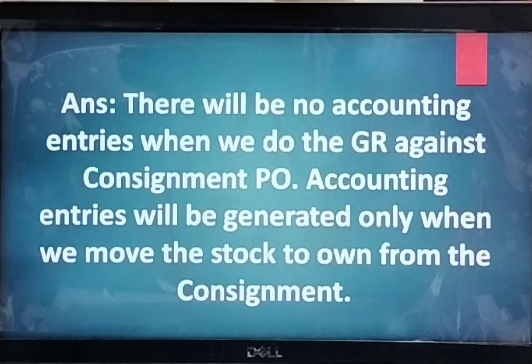Only then the accounting entries will be generated, and your liability will also start only if you consider the stock to be in your plant. Only then you will be liable to pay the vendor. So the answer is no, there will be no accounting entries when you do the GR against the consignment PO. The accounting entries only hit when the goods are moved to own stock.